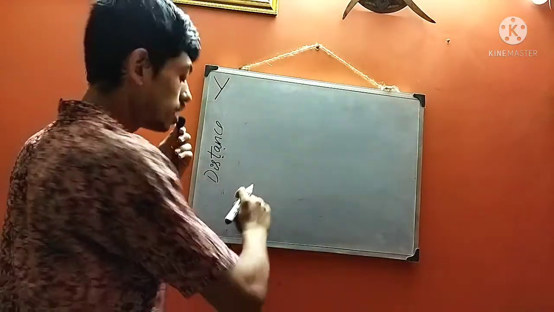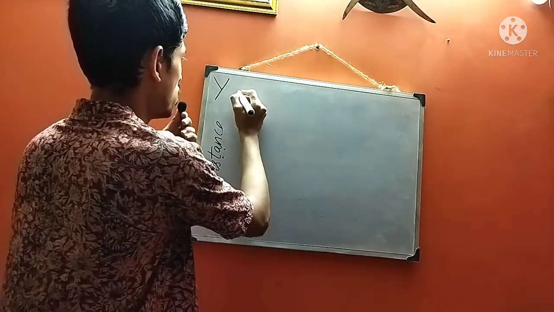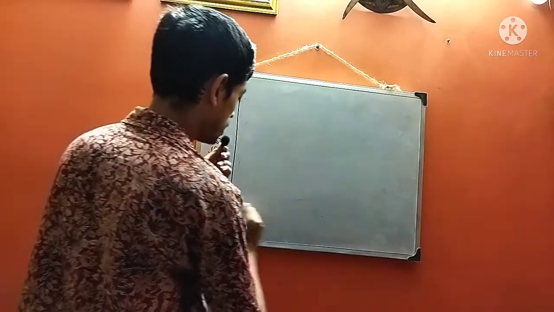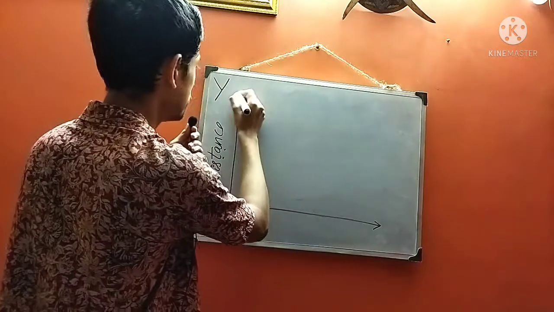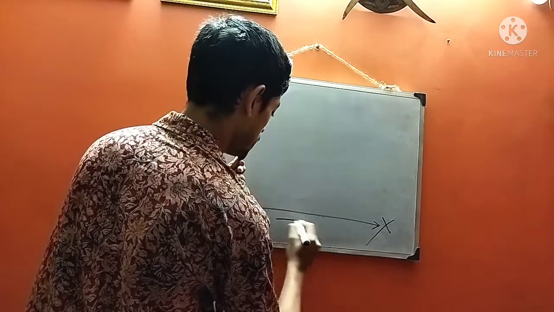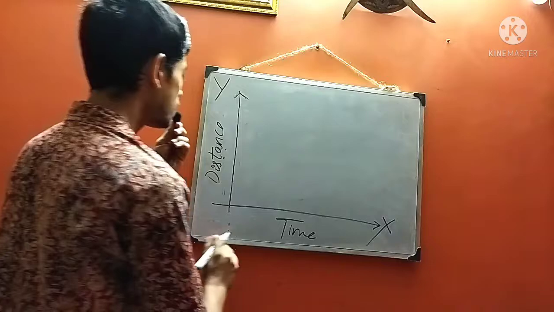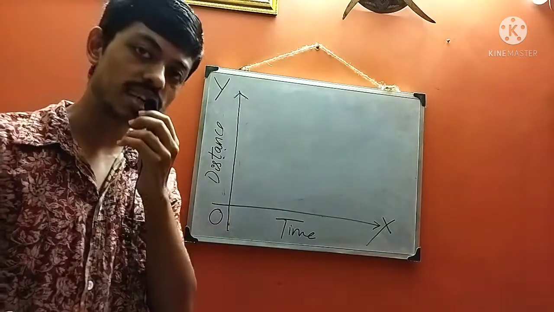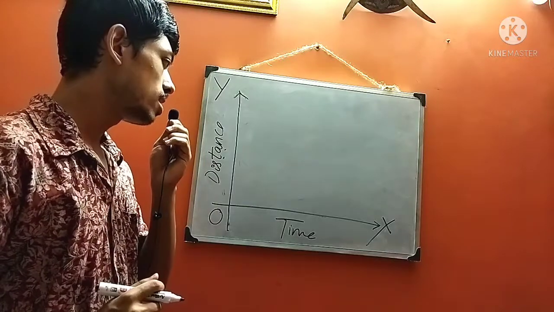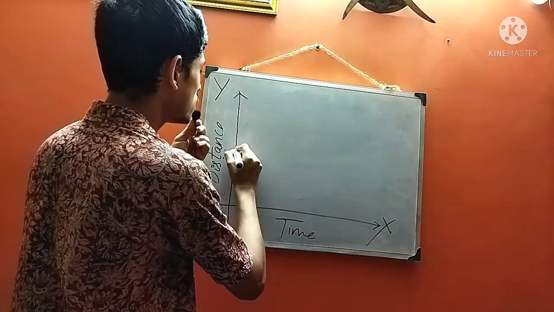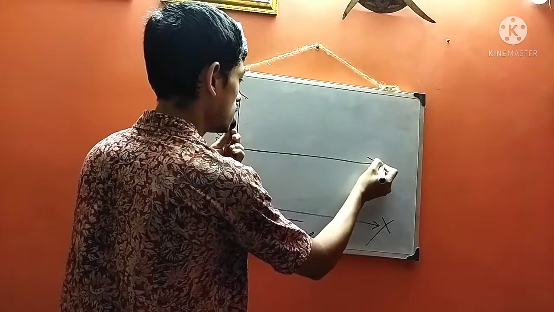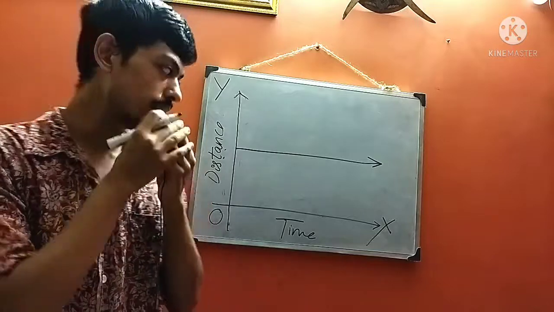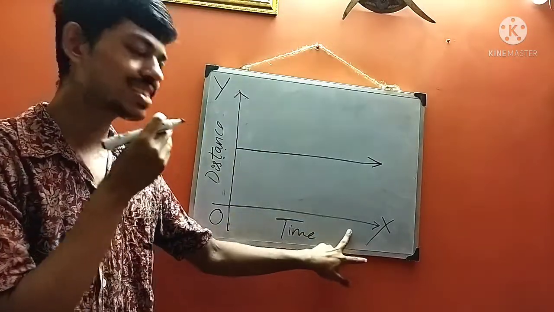Now moving on to the third condition of the distance time graph. What is the third condition? The third condition is when the object is not moving, or stationary. In that case, the graph will be a horizontal line graph, parallel to the x-axis.